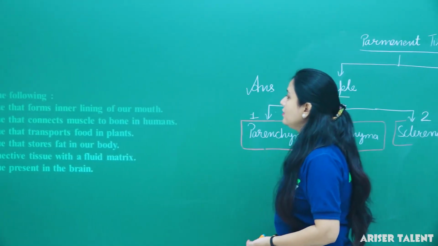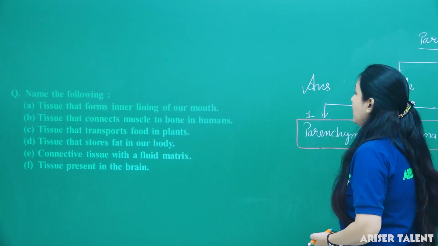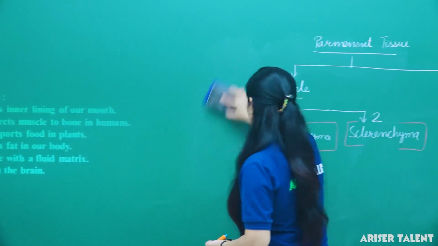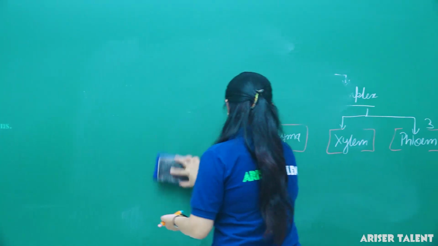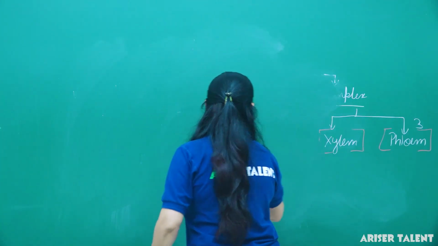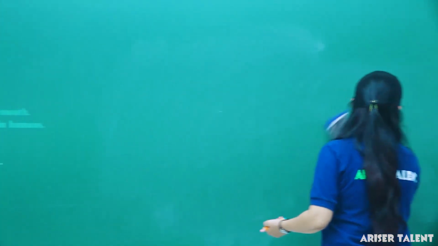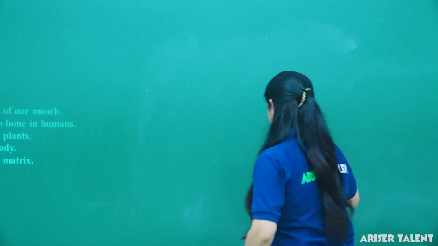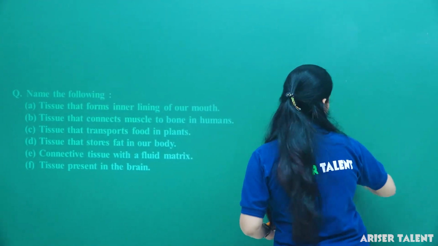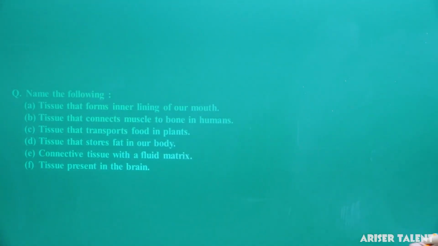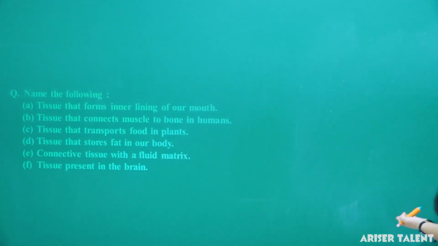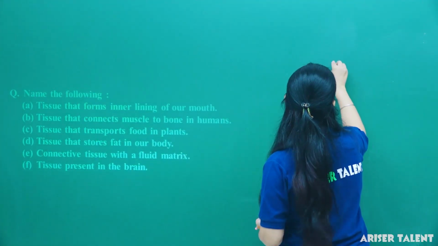Next is: name the following tissues. The tissue that forms the inner lining of our mouth is epithelium, and which epithelium? Squamous. So here is the answer.